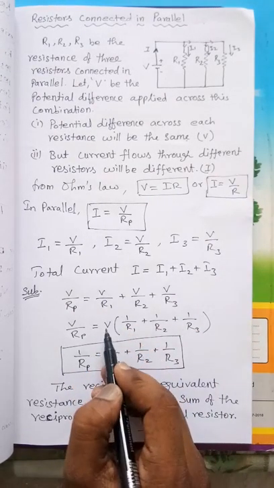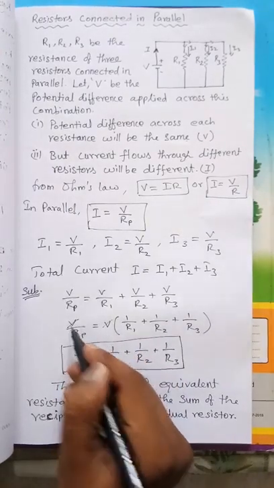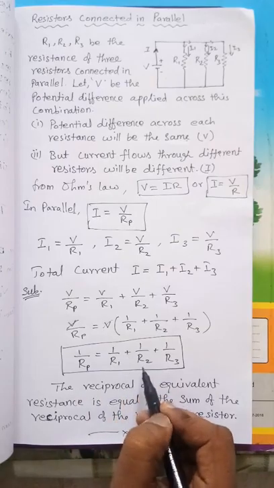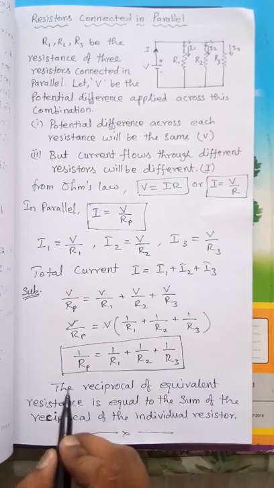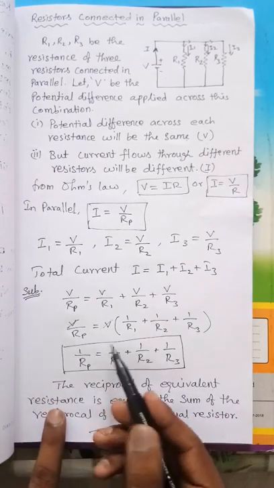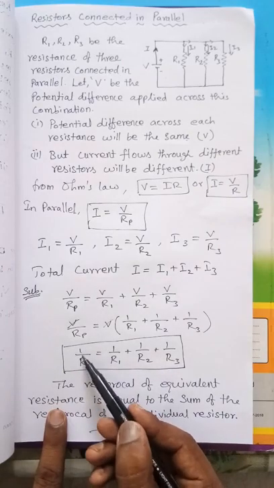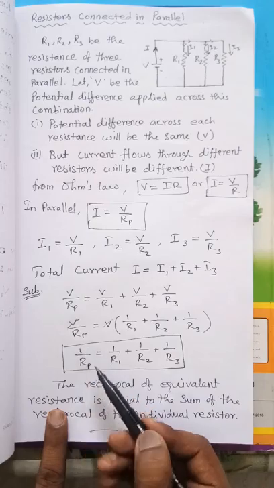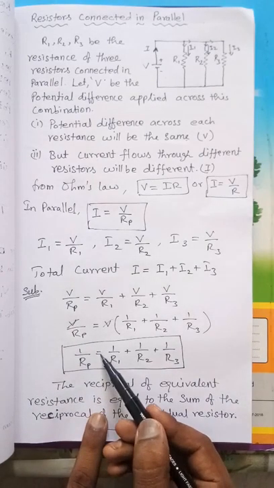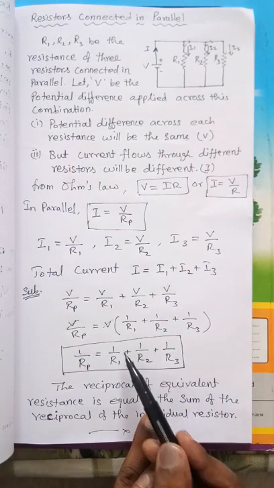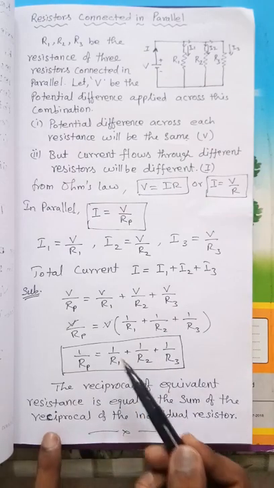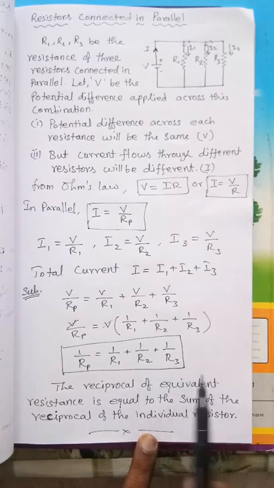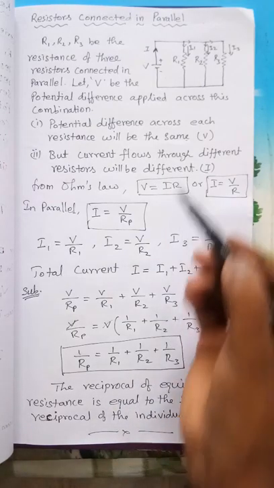V is common, take it outside and cancel. So 1 by Rp is equal to 1 by R1 plus 1 by R2 plus 1 by R3. It means the reciprocal of the equivalent resistance is equal to the sum of the reciprocals of the individual resistors. This is a very important 3 mark question.